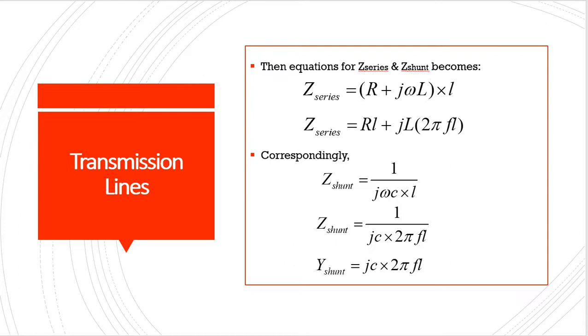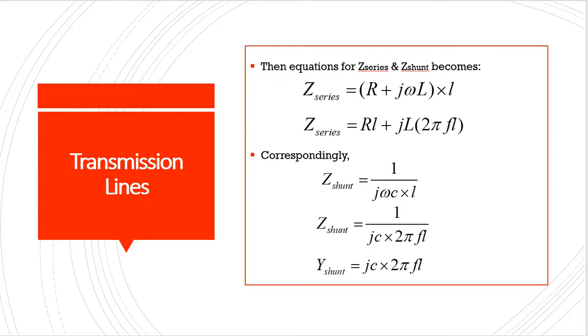And the total length of this transmission line is considered to be the three networks that are cascaded together. So, the overall length will be L, and we will multiply the single network impedance with the length L, and in the result we will find out all the values across Z series, right.